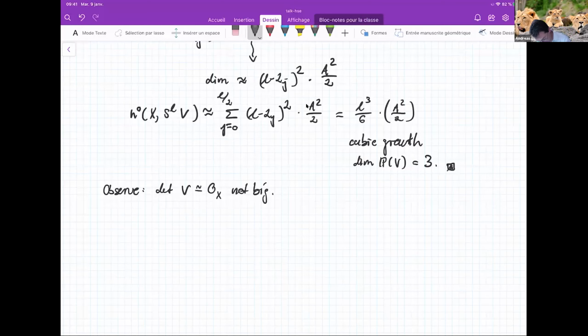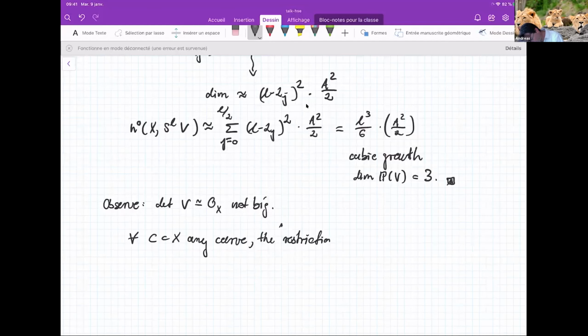Now here this isn't really how it looks, because if you look at any curve C in X, and you look at the restriction of your vector bundle to this curve C, this is not nef, simply because you will still have this anti-ample direct summand, so this is never going to be nef.